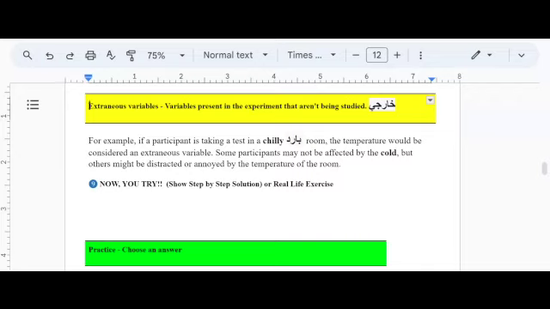Do you see the difference between extraneous and confounding? What's the difference? That the confounding does affect the variables, but the extraneous might or might not affect the variables. Okay. The question here, did you feel it or not? The cold during the test, doing the experiment.